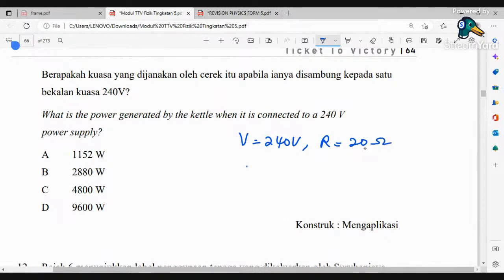Okay, formula apa yang relate? V dengan R. So kita ada V square over R. 240 volt squared divided by 20. Refer to the list of formula if you cannot remember all the formula for power.